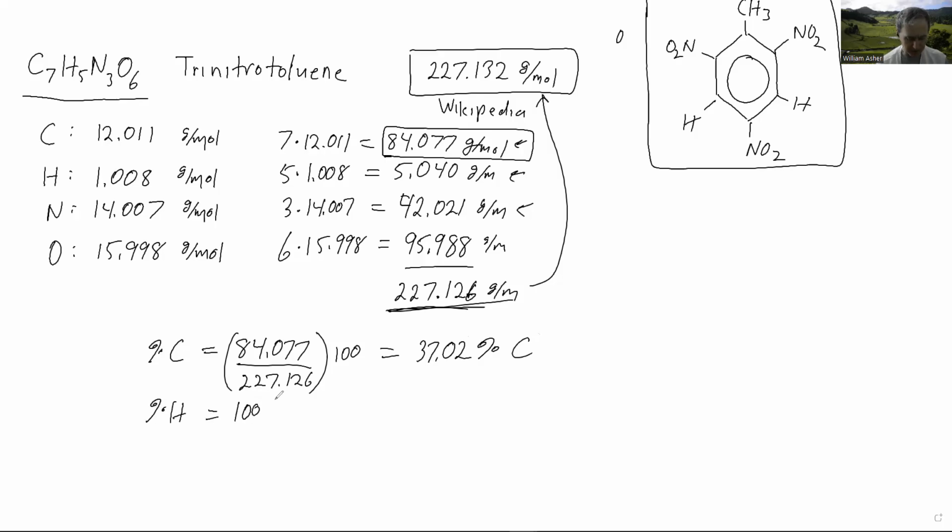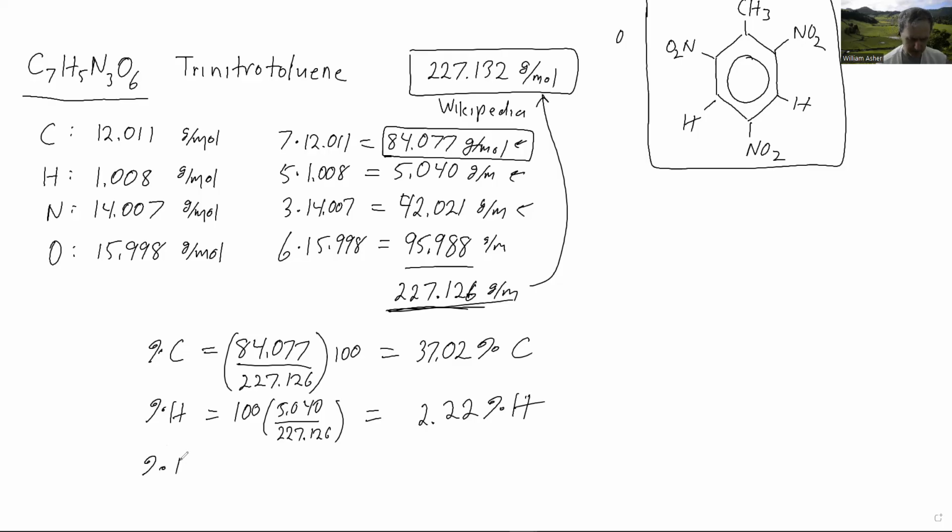The percentage of hydrogen is equal to 100 times 5.040 divided by 227.126, which is equal to 2.2, I'm sorry, 2.22% hydrogen.